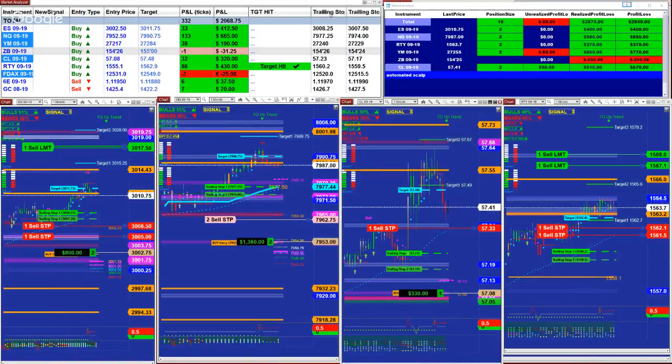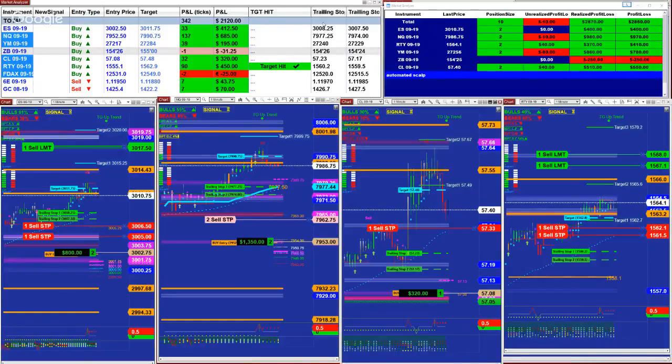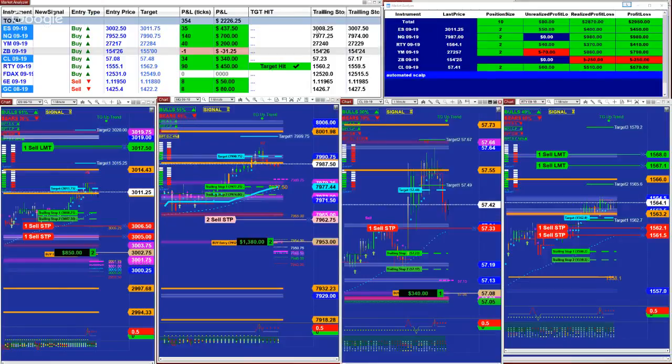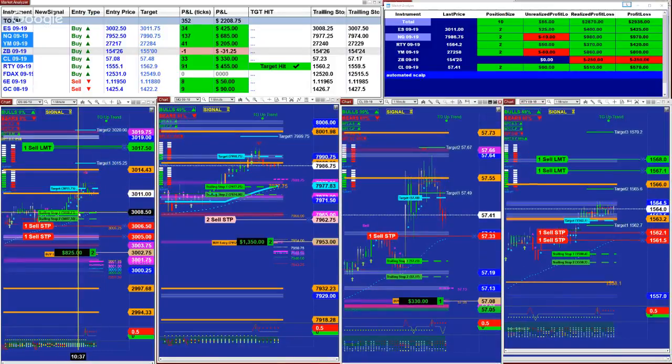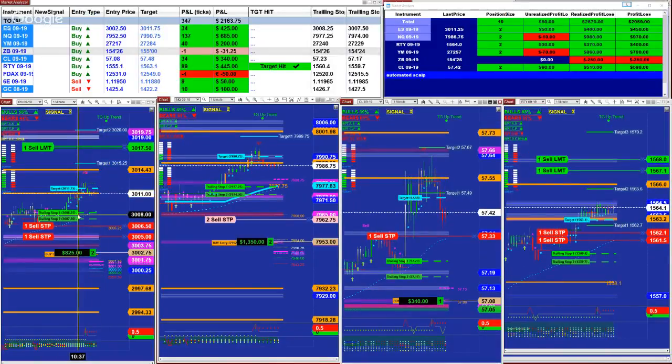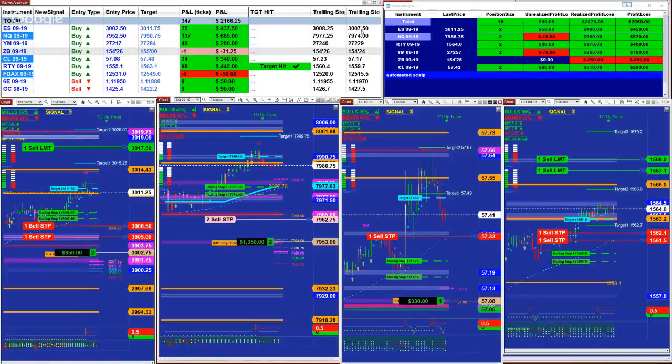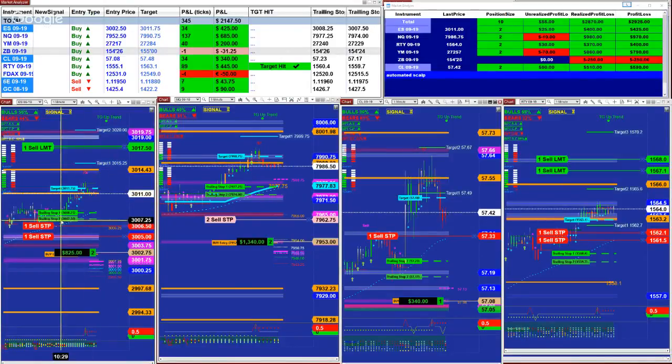You see those numbers here on the market analyzer, those are your trailing stop one and trailing stop two, and you have to be careful with those. The trailing stop one is right there at 3008.25, and 37.50 is the second one.